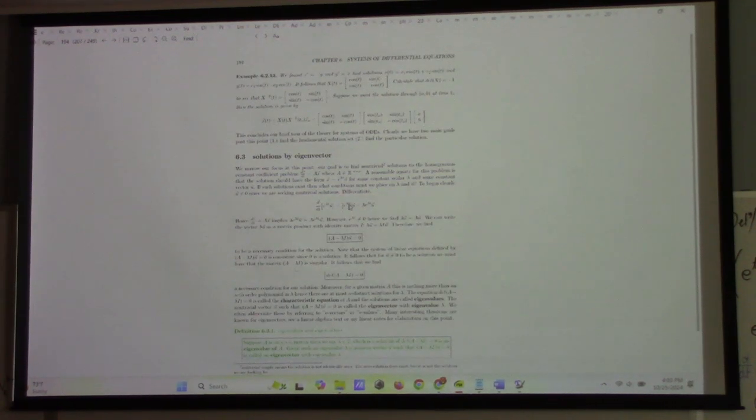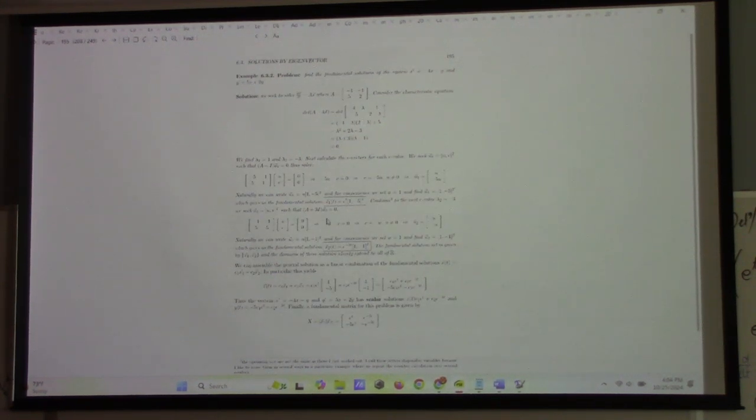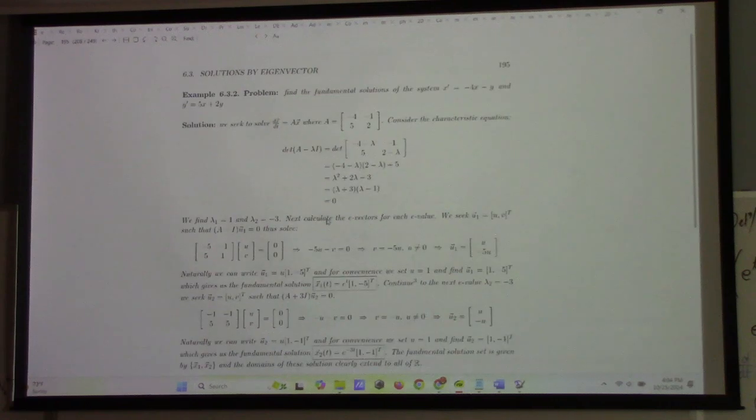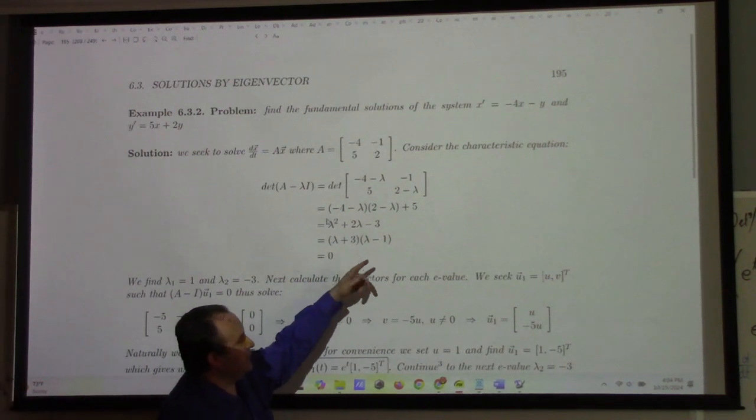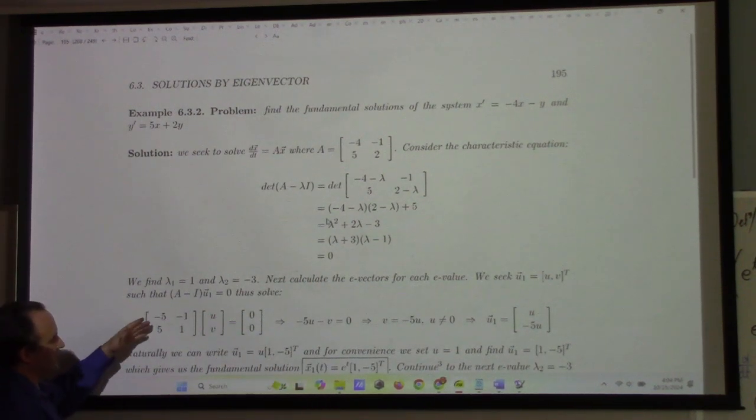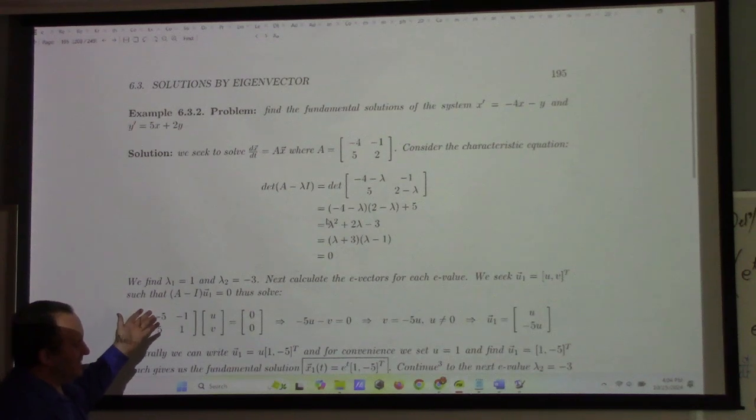Let's see here. Just some simple examples to end class with. If I have the 2x2 system, I find eigenvalues minus 3 and 1. That gives me eigenvectors correspondingly.